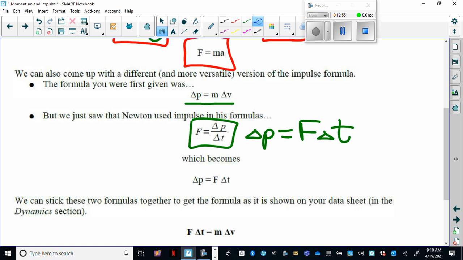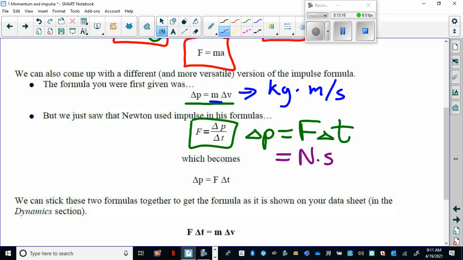If I'm looking at this formula here, I'm going to say that the units are kilograms mass times meters per second. Well, what about this one here? What about this guy? Force is measured in newtons and time is measured in seconds. Ooh, those don't look the same.